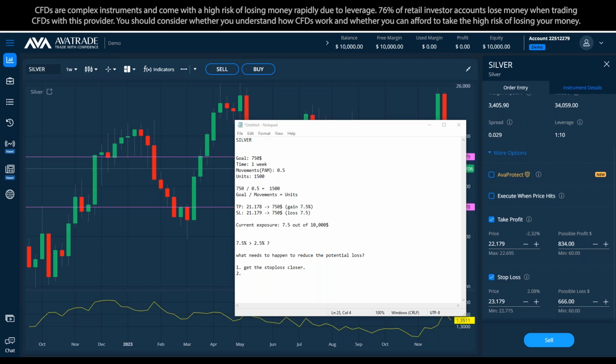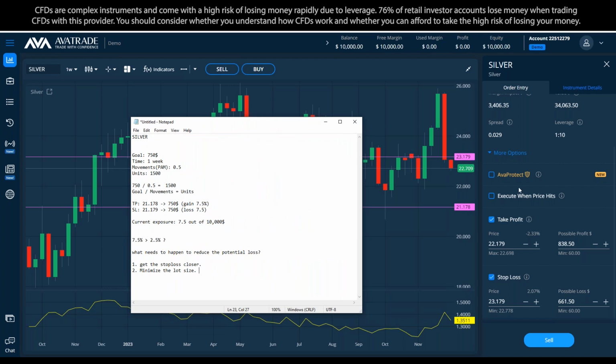So the other way, guys, is quite simple, to be honest. It's just to minimize the lot size, right? That means it's gonna affect also my profit, right? But good job.